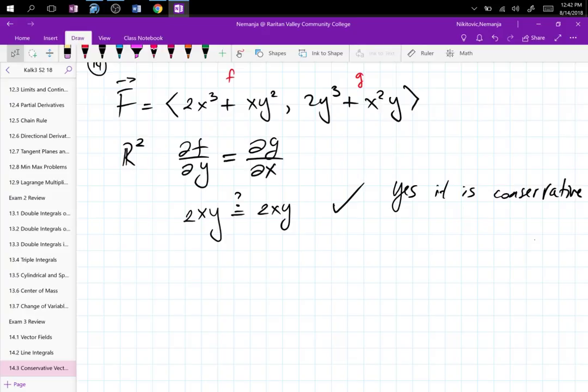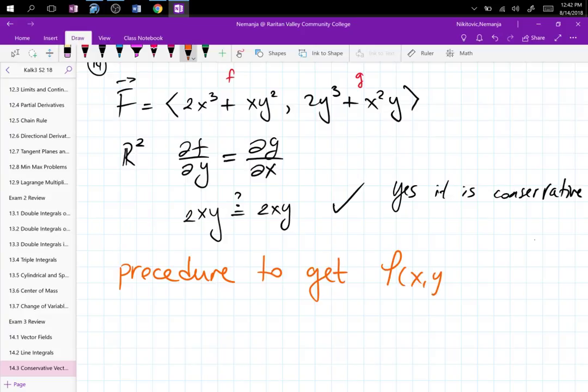So what do we do? Well, to find the potential function, we have to learn the procedure. So now, procedure to get phi of xy. Now this is in R2 because our input is in R2.